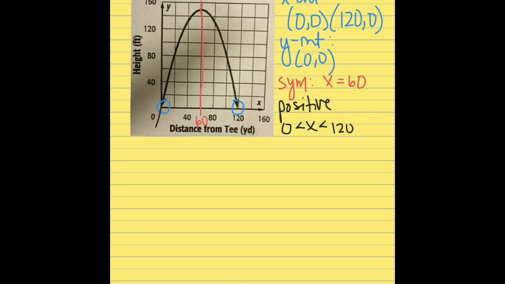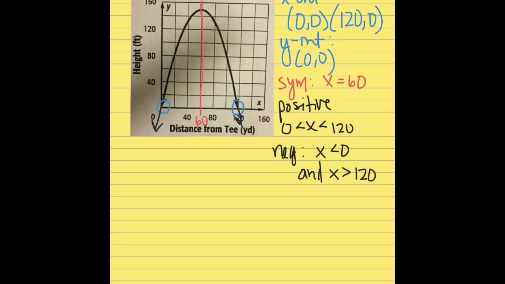You'll notice that this goes on forever, so it's going to be negative at numbers x is less than 0, and at numbers x is greater than 120.